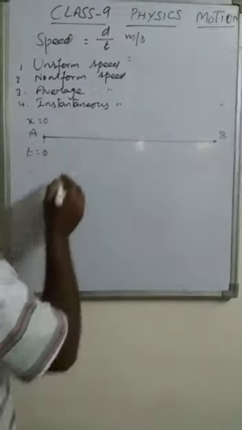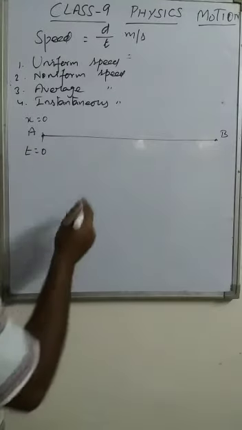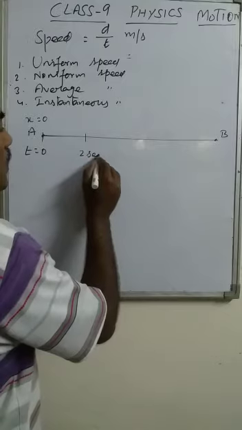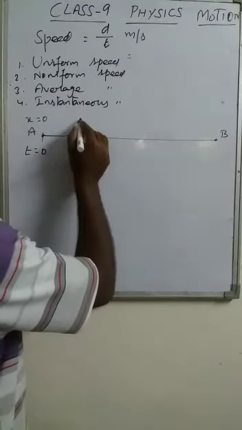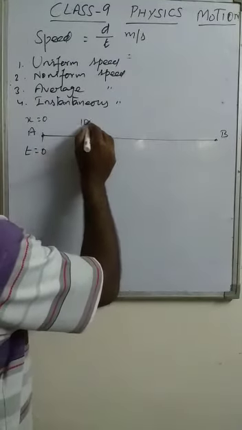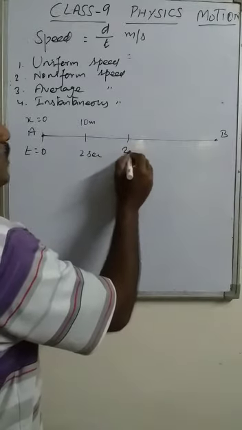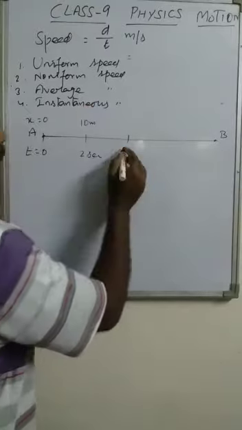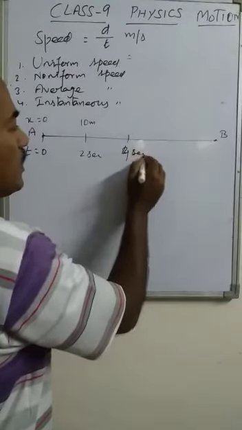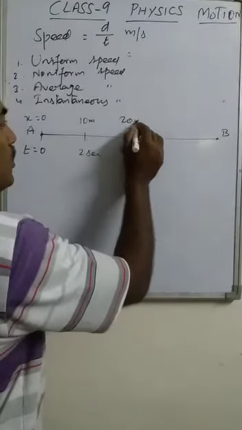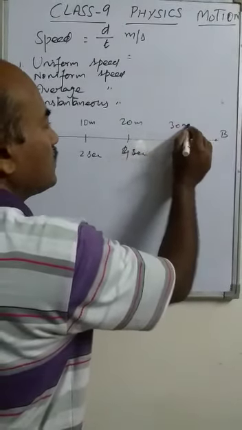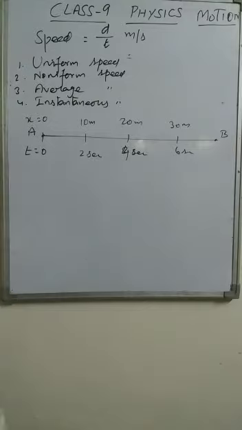Then after some time, let us take 2 seconds, the position goes to 10 meter. Then after 2 seconds, that is 4 seconds, the position goes to 20 meter, 6 seconds, 30 meter, like this. Its position changes.